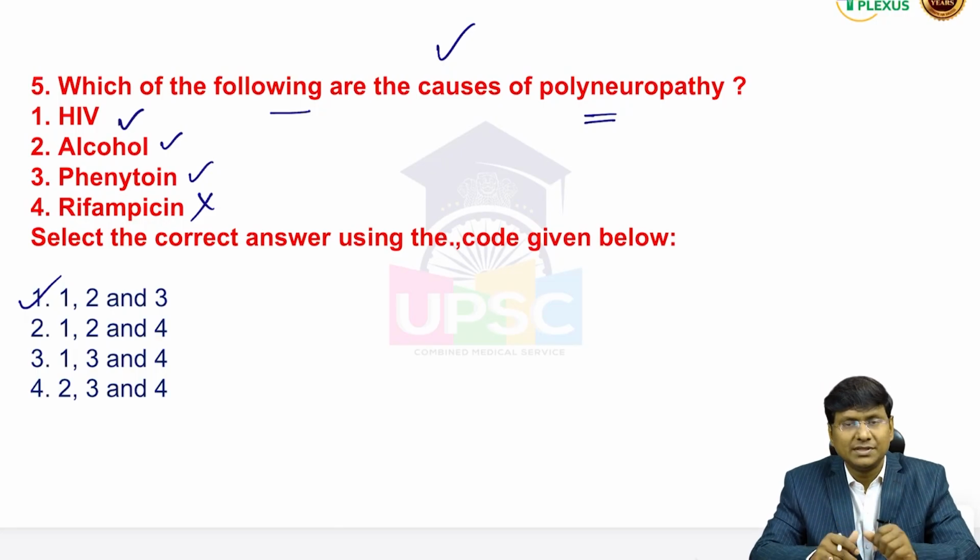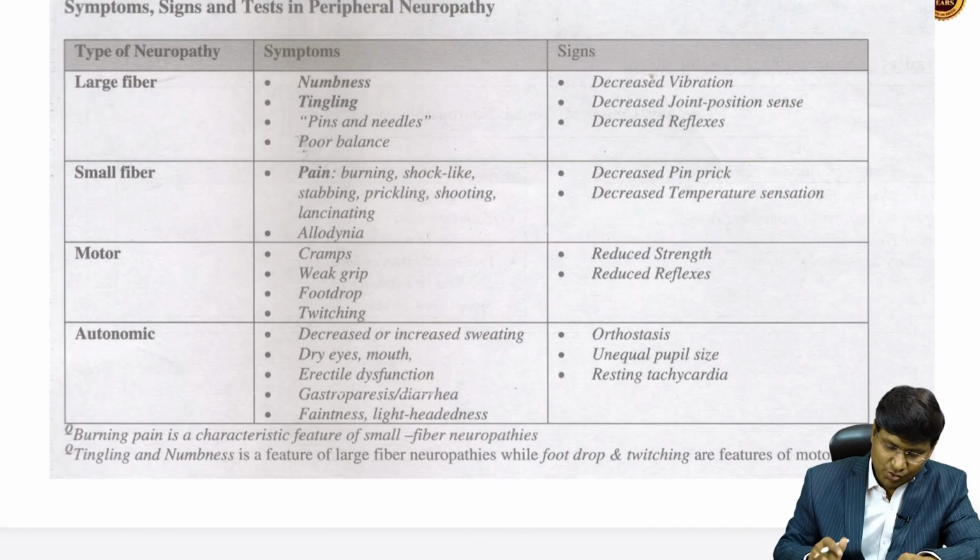Now you need to know the signs and symptoms of the peripheral neuropathy. The peripheral nerve fibers which can get affected are: large fiber involvement, small fiber involvement, motor involvement as well as the autonomic involvement. So what will be the features of the large fiber involvement?